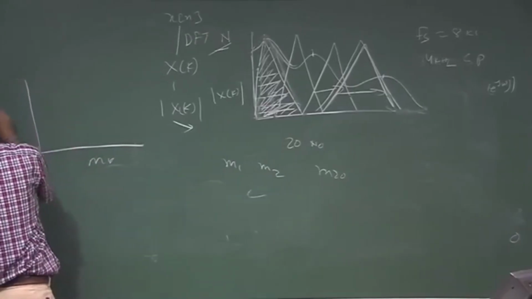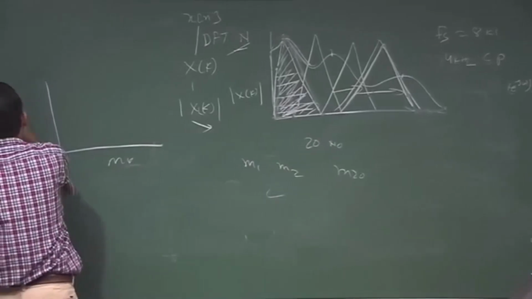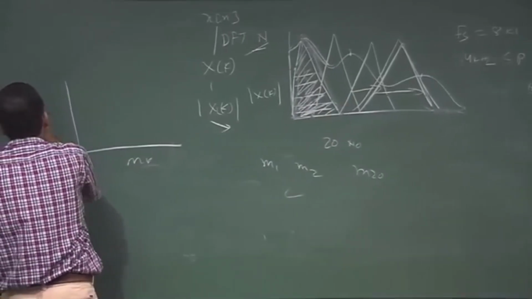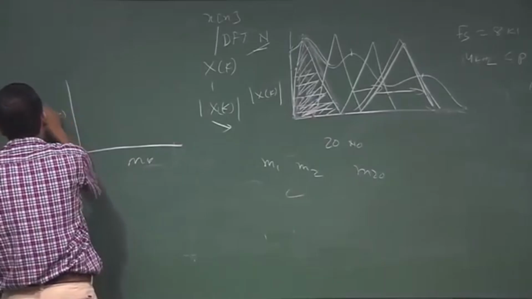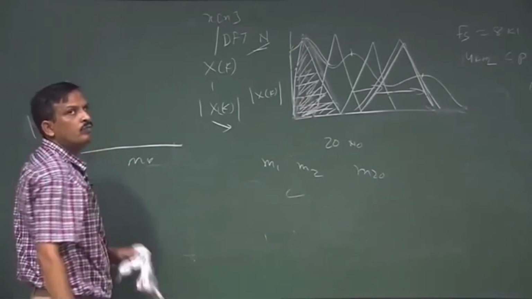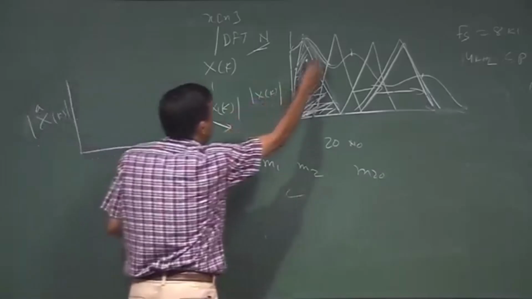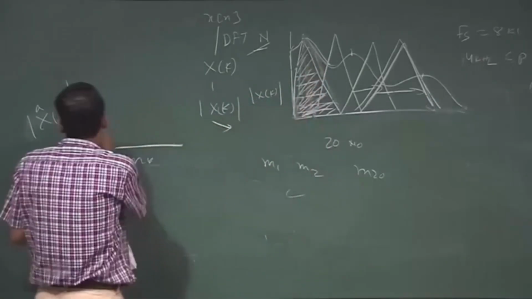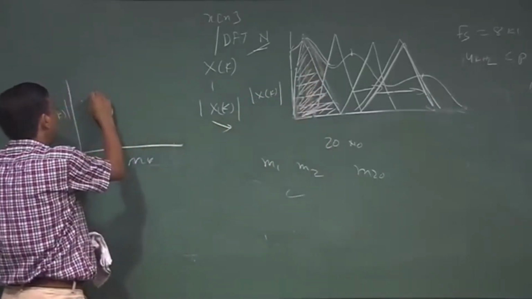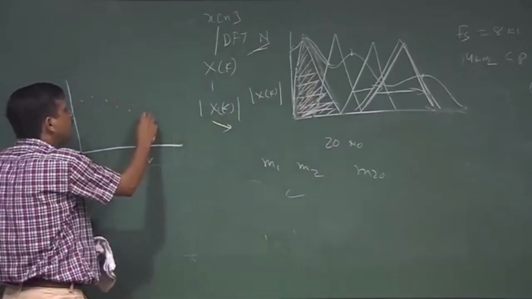So, instead of X k, I take X cap k. I take the average energy. So, instead of the spectrum, I get the mel scale spectrum.